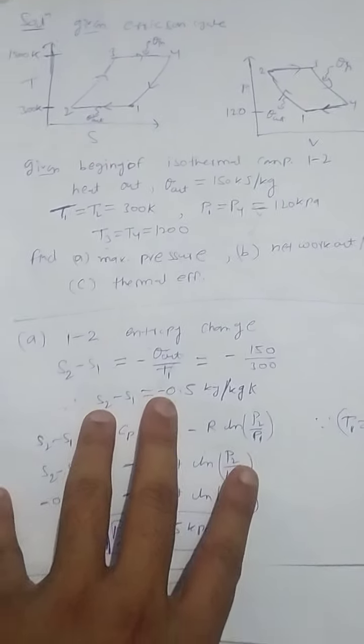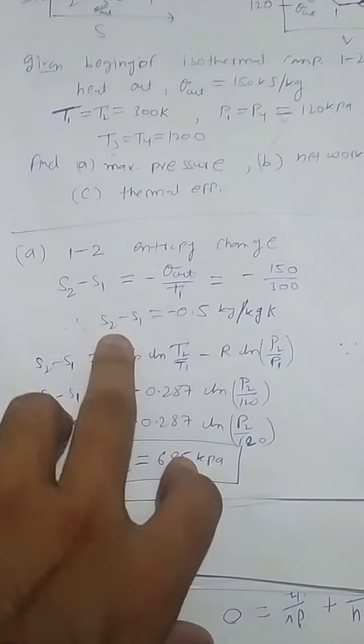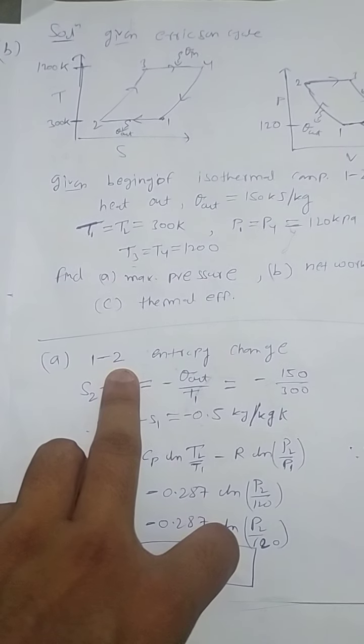So let's see how we can find them. Now let's say 1 to 2 is isothermal compression.